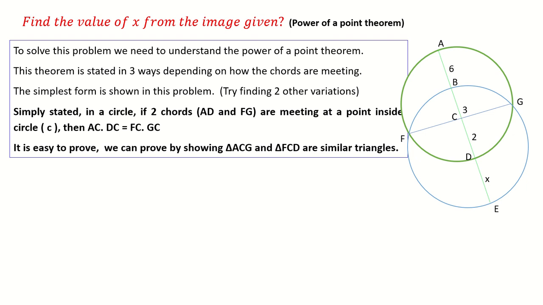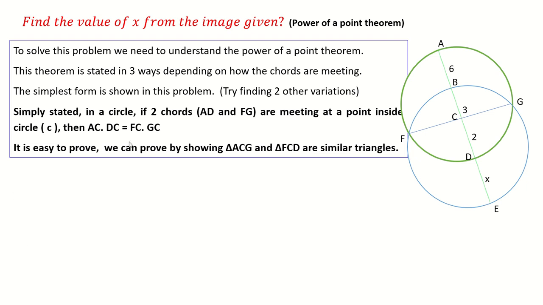The power of point theorem is basically stated in three ways, depending on how the chords are meeting each other in two circles. We will see the simplest way here.